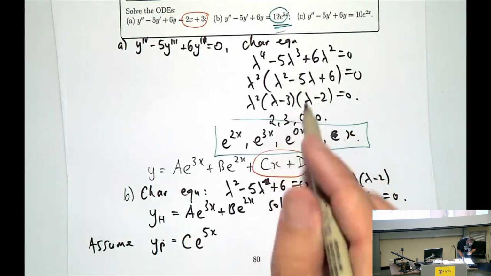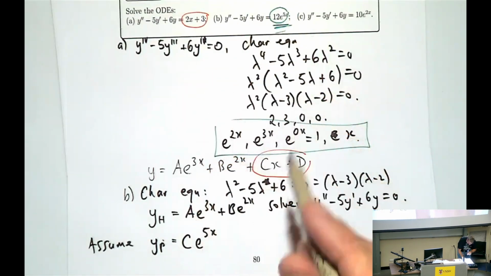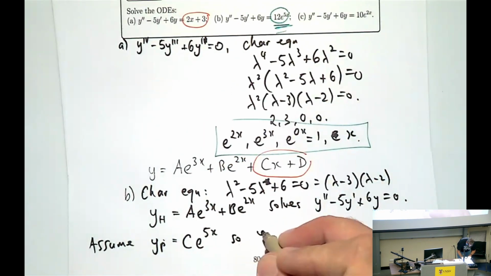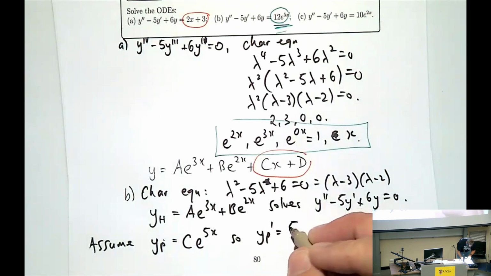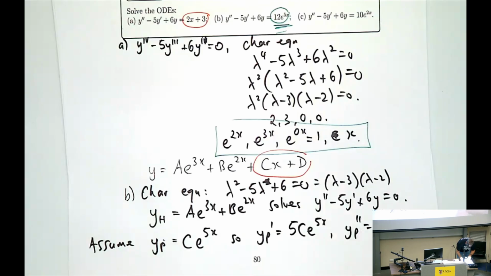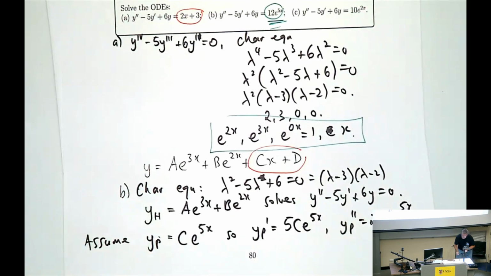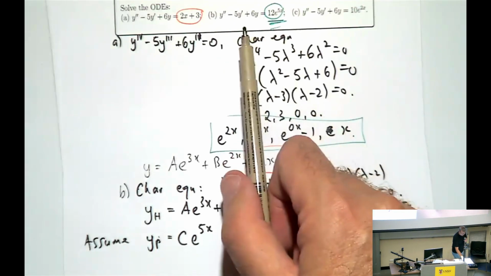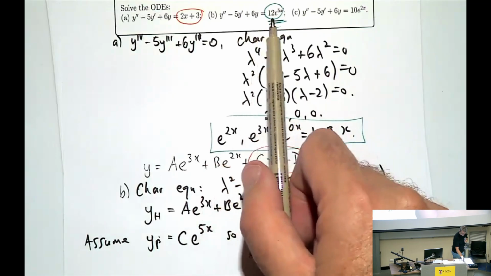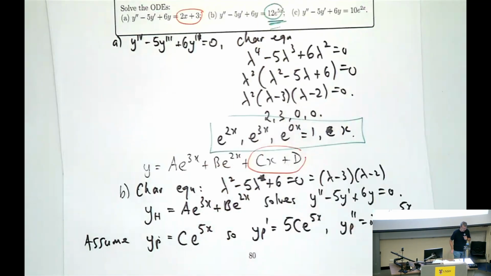Let's compute the derivatives and plug everything into my original equation. With those three things, we go up to my original problem, plug in there, there, and there, and set everything equal to 12e to the 5x.